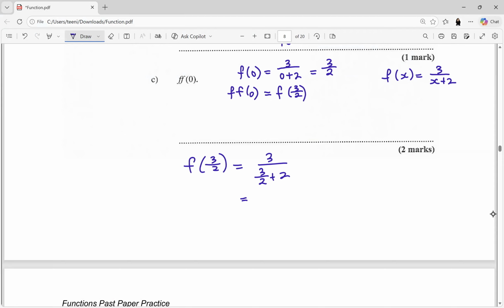So this would be 3 divided by 3 over 2 plus 2, which is 3.5. So that would be 3 divided by 3.5, which is 6/7.